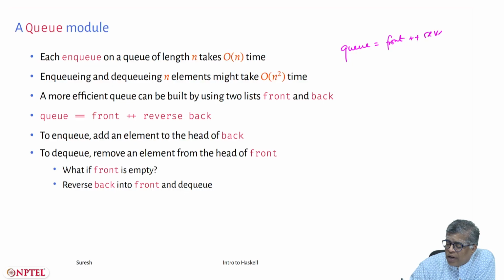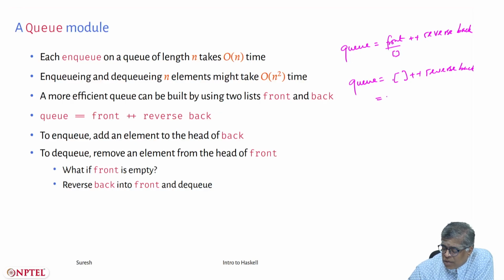This is the invariant we are maintaining. What if front is empty? Then Q is empty plus reverse of back, which is the same as reverse of back plus empty. So you can take this to be the new front and that to be the new back.